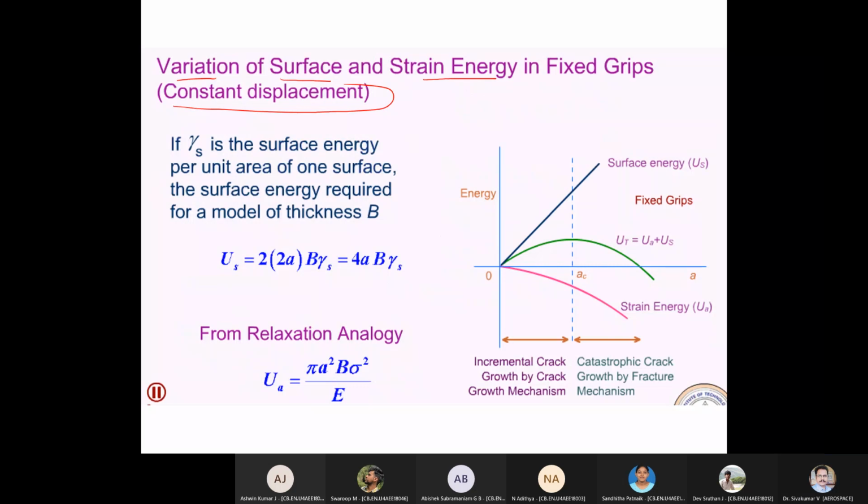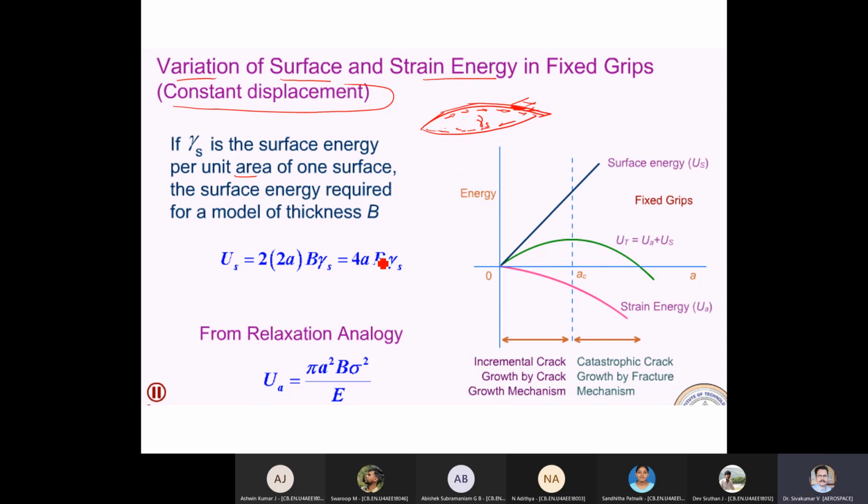In the constant displacement model, gamma S is the surface energy per unit area. In this particular crack, the surface energy will be there, isn't it? Gamma S is the surface energy per unit area. Suppose you have the area, unit area, this into that.